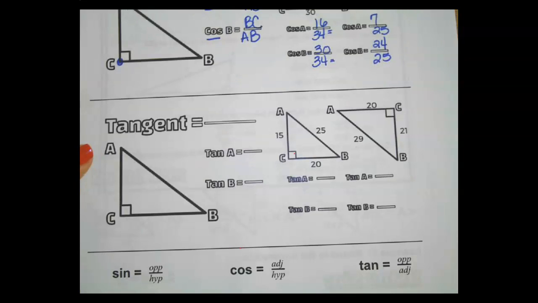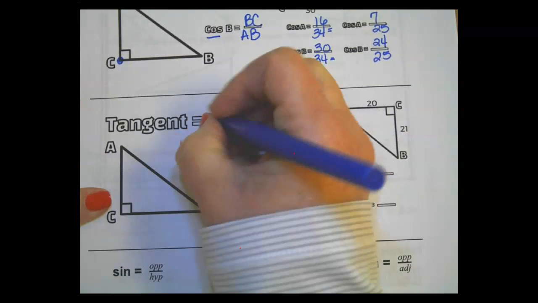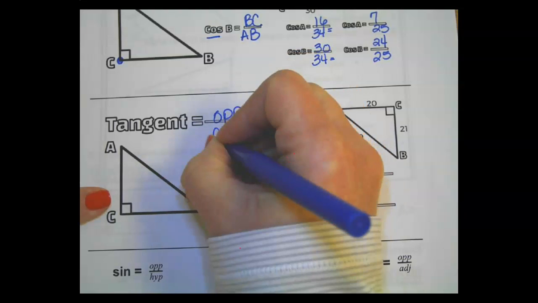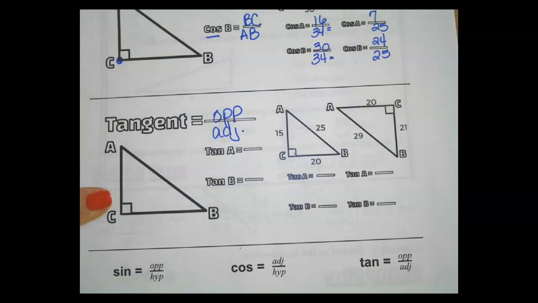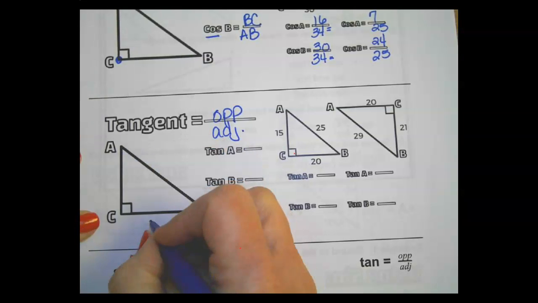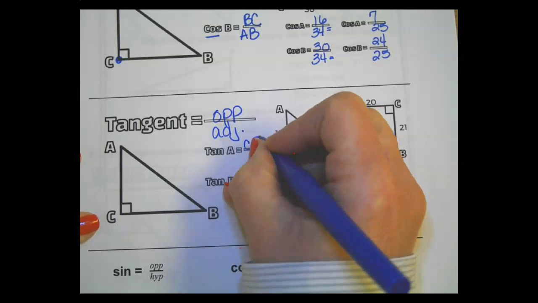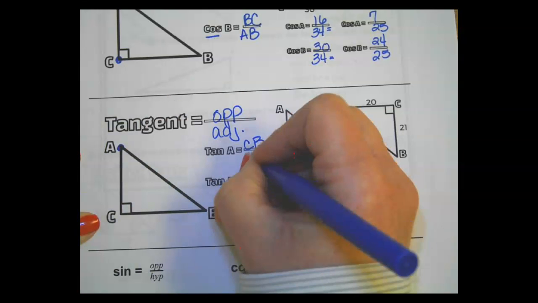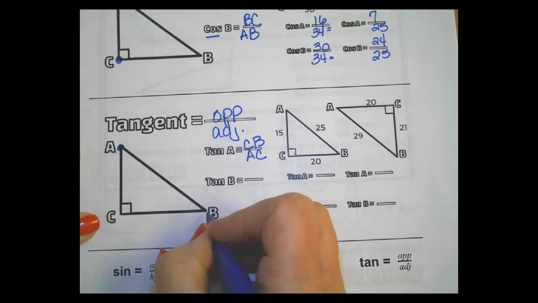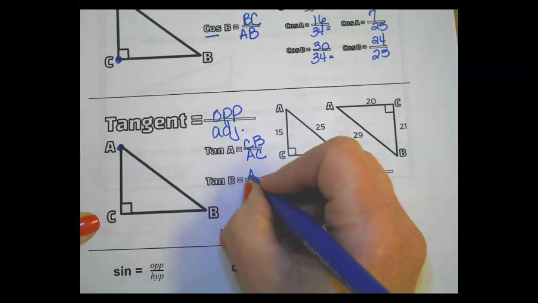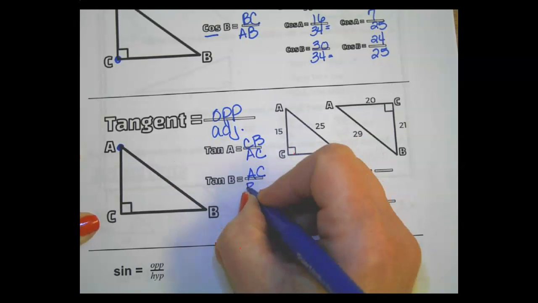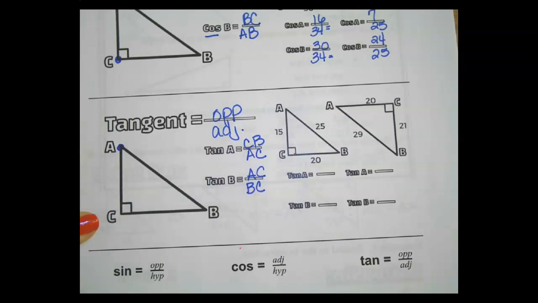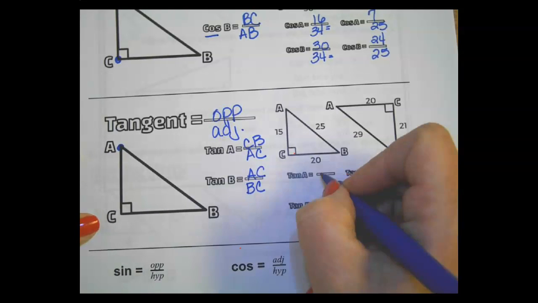Tangent uses both of the legs: opposite over adjacent. Here, opposite from A is CB, and adjacent is the one that shares the vertex, so AC. For B, opposite is AC and BC is my adjacent. Let's look at this one.